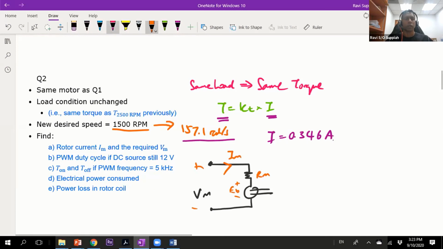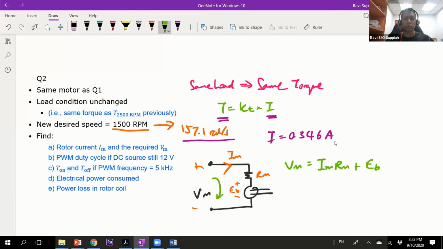In order for me to know the voltage, you can relate it back to the same way we do the initial loop. If I draw the loop here, the formula is Vm equals Im multiplied by Rm plus EB, correct?